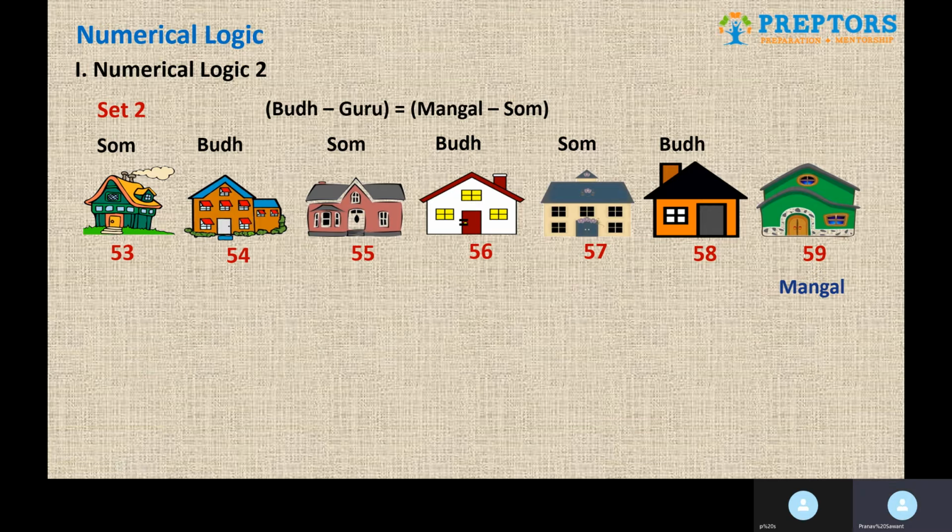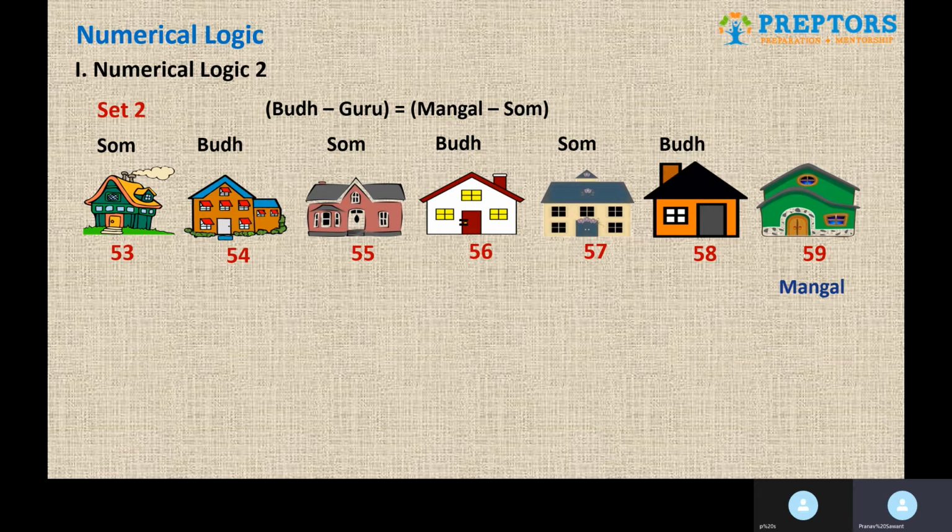Now this is the next condition which they gave. The difference between Budh and Guru is equal to the difference between Mangal and Som, both in that order. We know the room number of Mangal is 59.